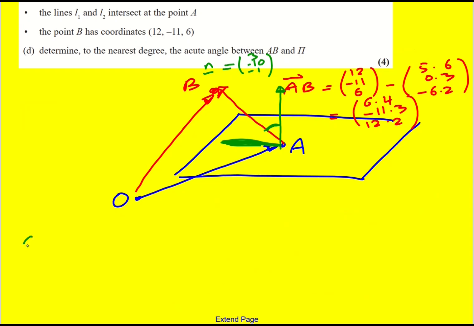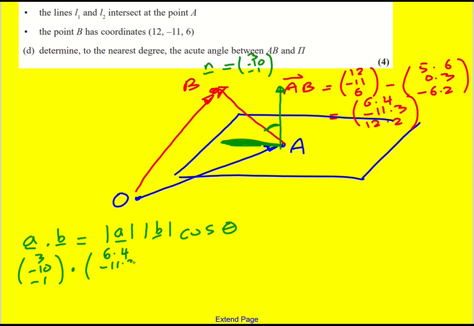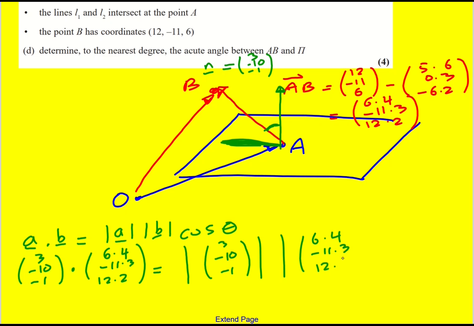So full on dot product now. We've got A dotted with B equals the magnitude of A times the magnitude of B times cos of the angle in between them. So I'm going to get 3, minus 10, minus 1 dotted with 6.4, minus 11.3, 12.2 equal to the magnitude of 3, minus 10, minus 1 times the magnitude of 6.4, minus 11.3, 12.2 times cos of the angle in between.